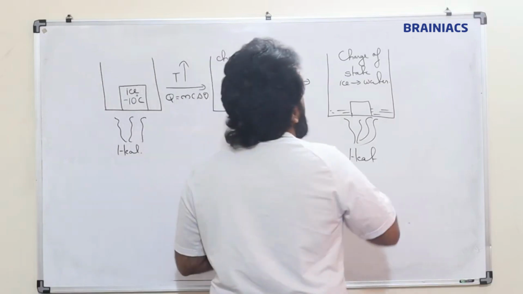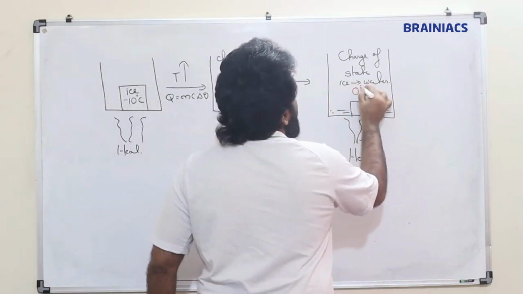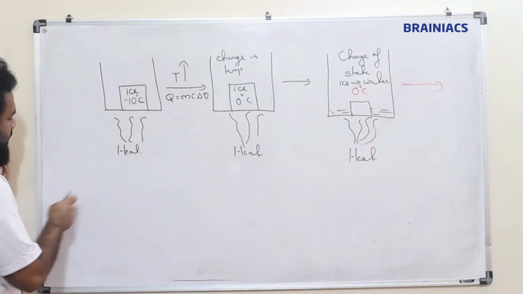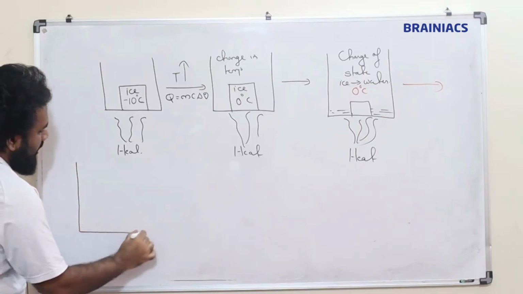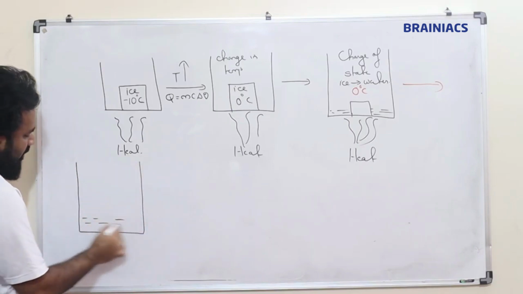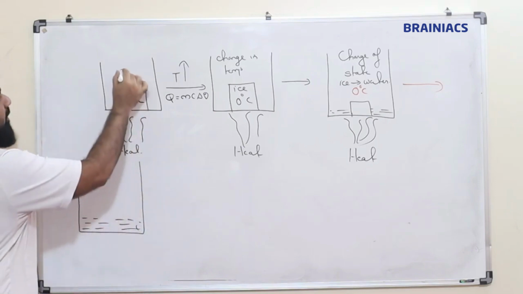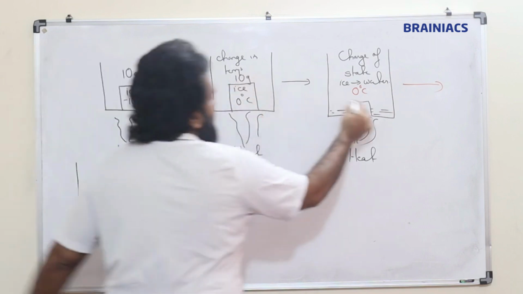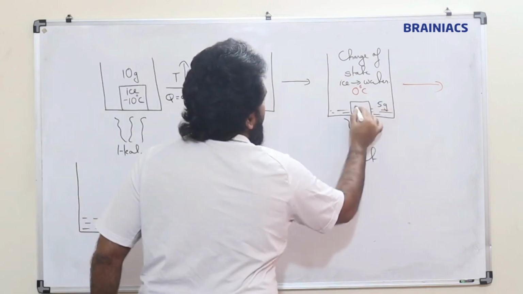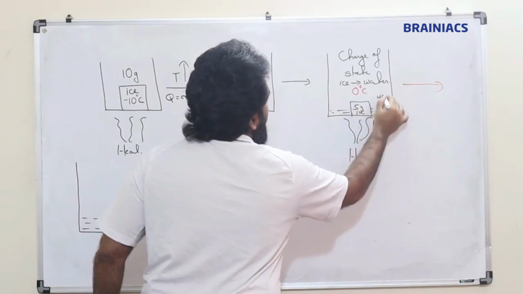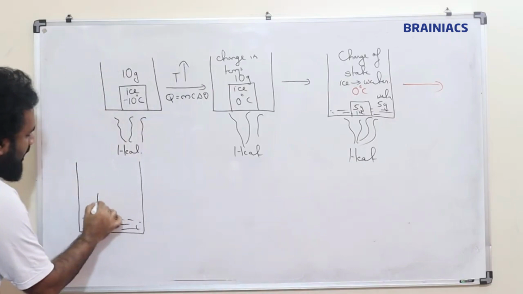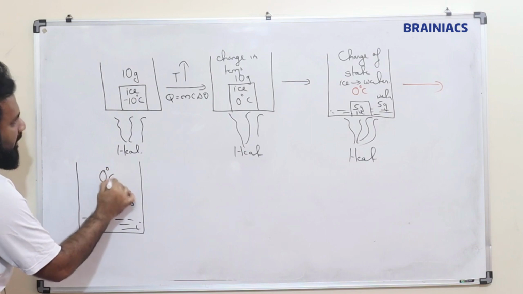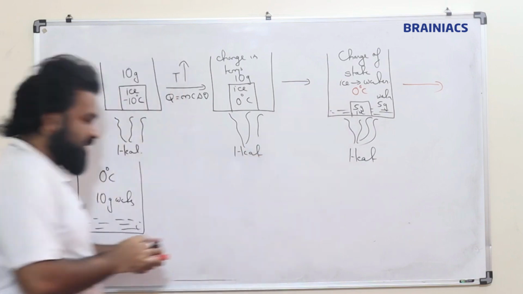Now here also the temperature is going to be 0 degrees Celsius, and this process continues. Once it becomes full water, say for example this is 10 gram, and this is now 5 gram water and 5 gram ice. Now this is full 10 gram water. What is its temperature? This is 0 degrees Celsius. This is also 0 degrees Celsius.